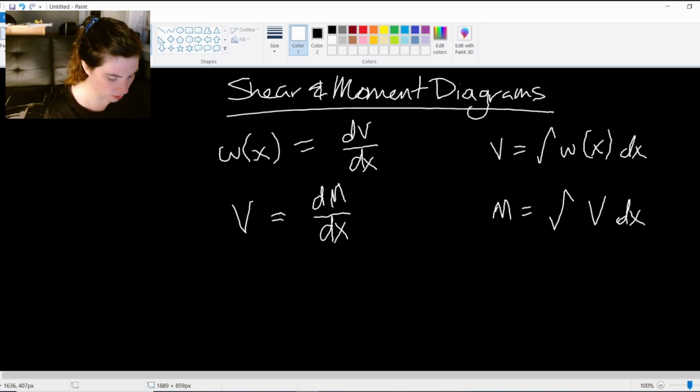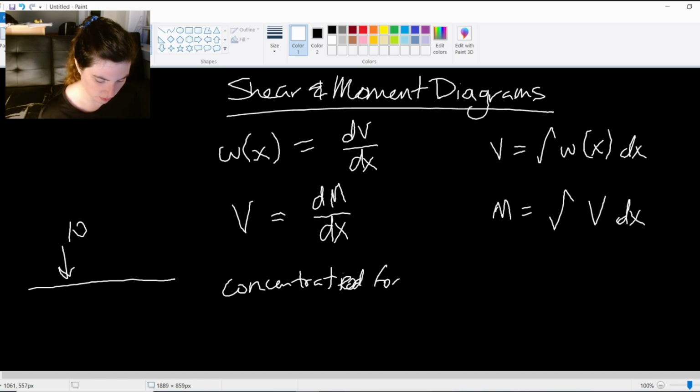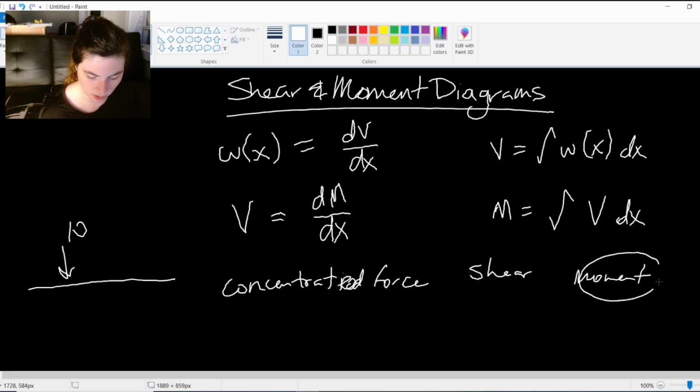One is that whenever you have a concentrated force on your beam, let's say 10 kips, a concentrated force only affects the shear diagram, but not the moment diagram.